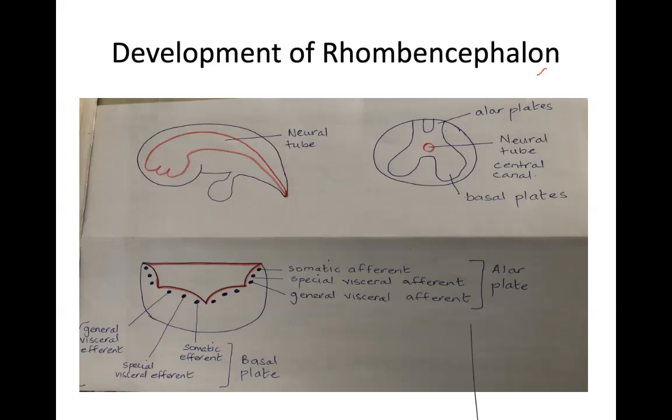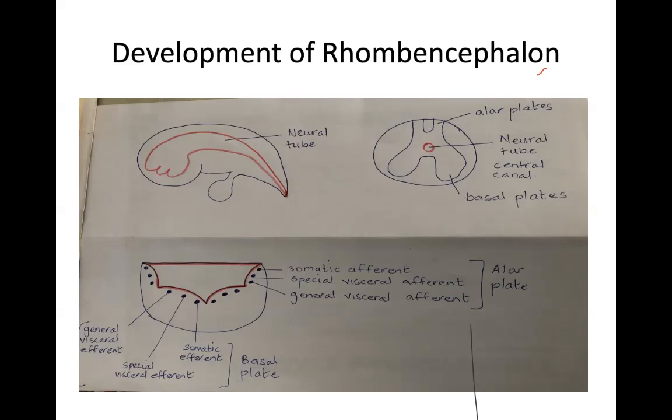Now, in the red lines, I have made the neural tube, and it is expanded cranially because it is going to form the different parts of the brain, which we talked about. We said they were brain vesicles in the fourth and fifth week. And this neural tube will narrow down after formation of the brain, and it will become the spinal cord.